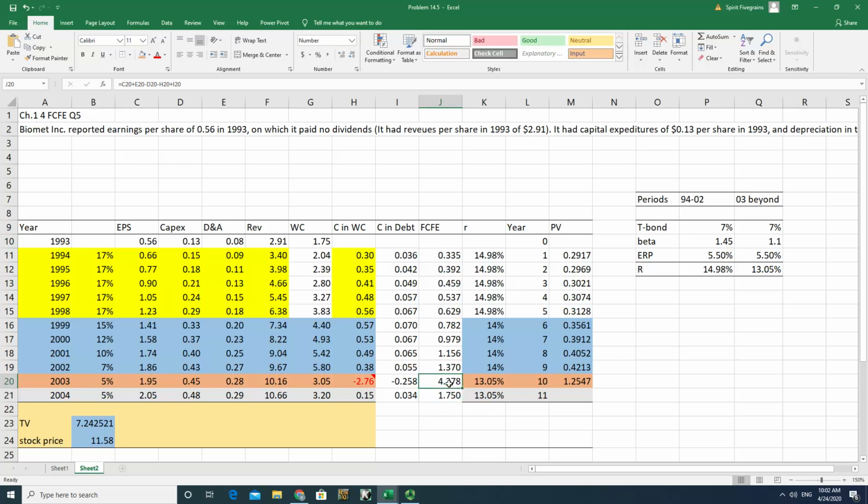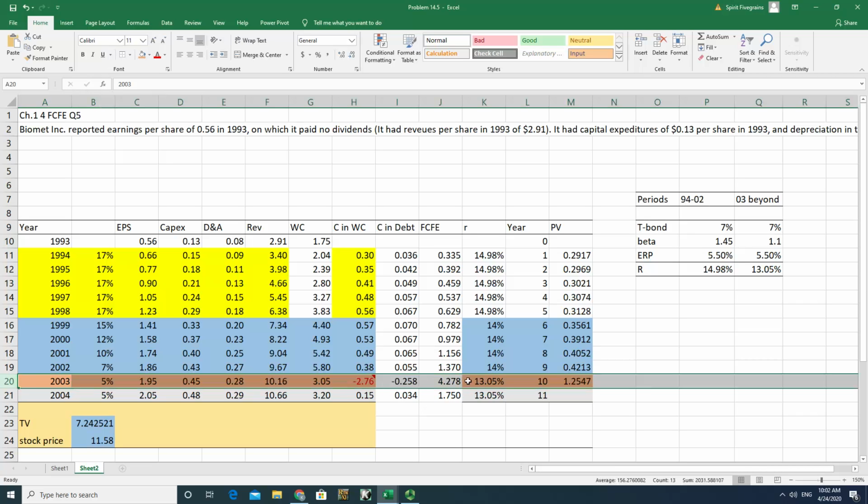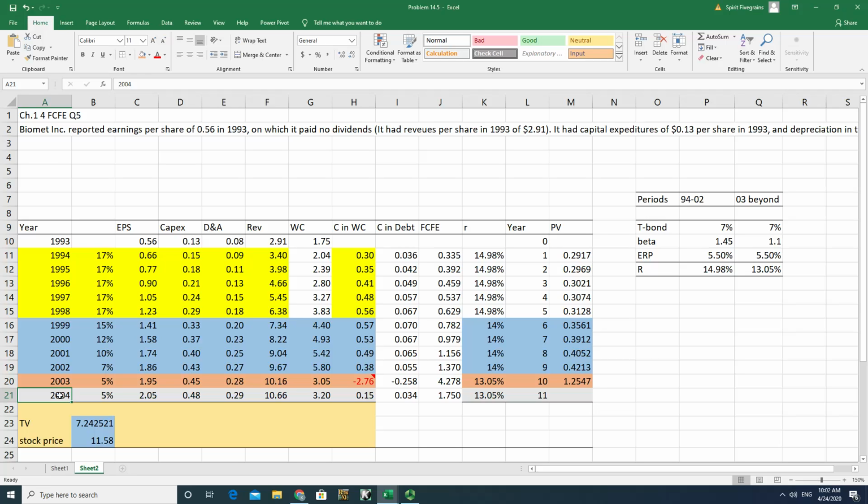The reason why you have a larger amount of free cash flow to equity is not because you're getting better operating results, but because there's a large amount of released working capital. But this release of working capital is a one-time thing, and it cannot happen every year. That's why I needed to make this year 2003 a very unique time period. And I would treat year 2004 as the true beginning year of the constant growth time period in order to calculate the terminal value. So this is a typical four-stage model.